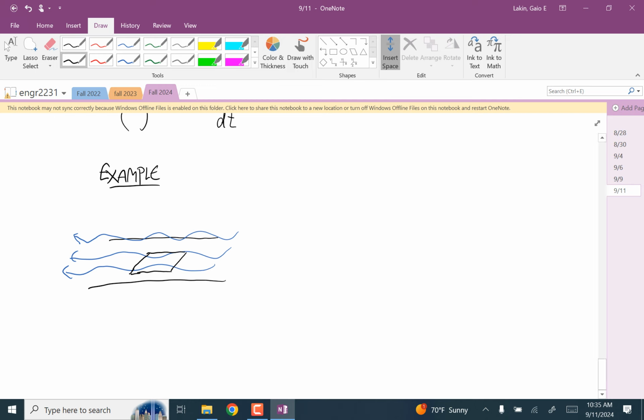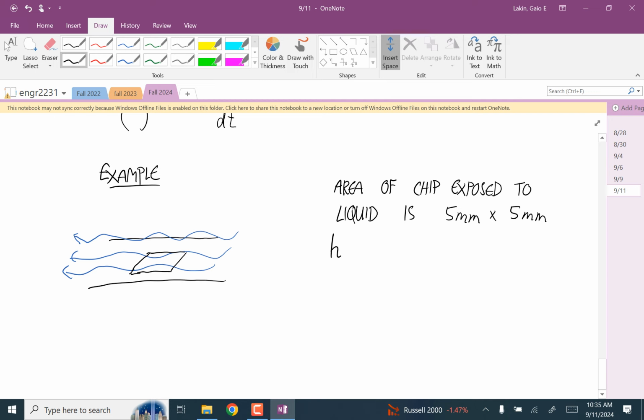And the exposed area of the chip, the area of the chip that's exposed to the liquid, is 5 millimeters by 5 millimeters. And experimentally, it's been determined that the constant of convection is 150 watts per meter squared Kelvin.